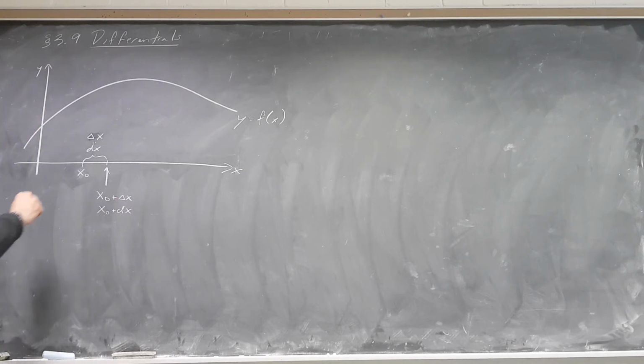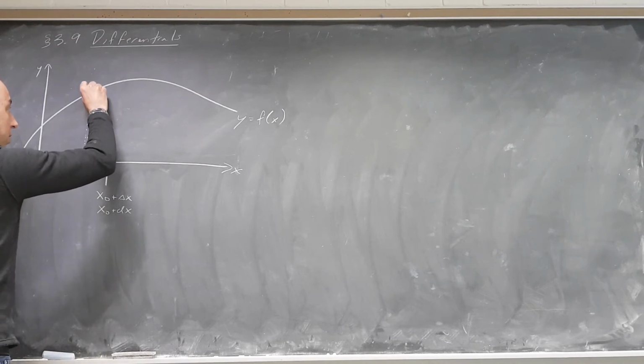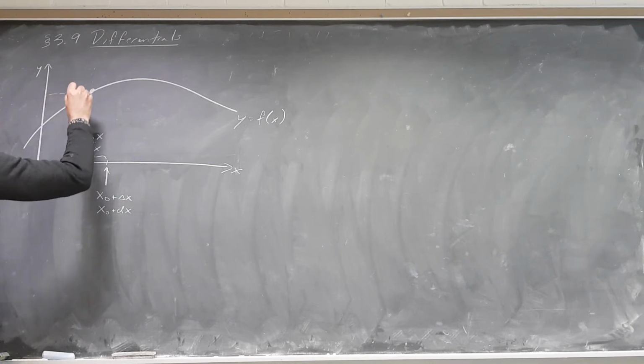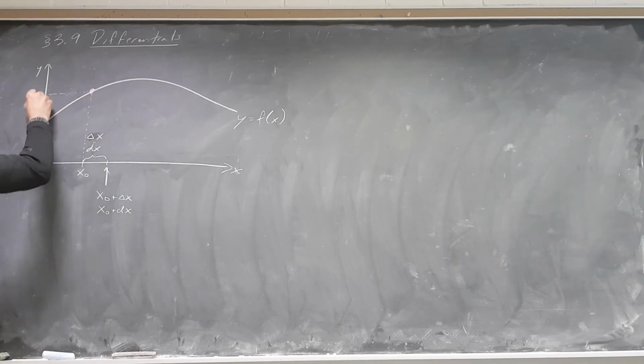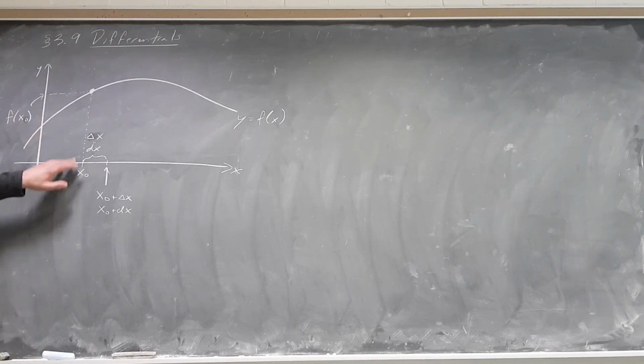So we go up to the curve, and this y value right here, of course, is nothing more than f of x naught. You plug the x coordinate into the function, you get the y coordinate.